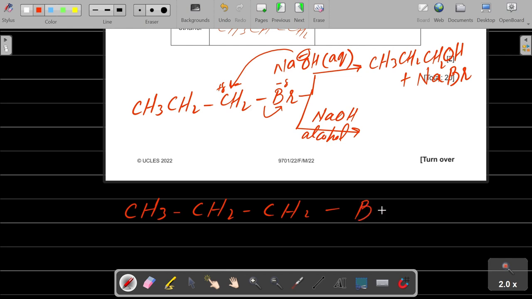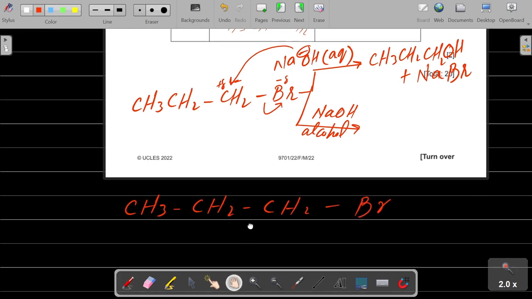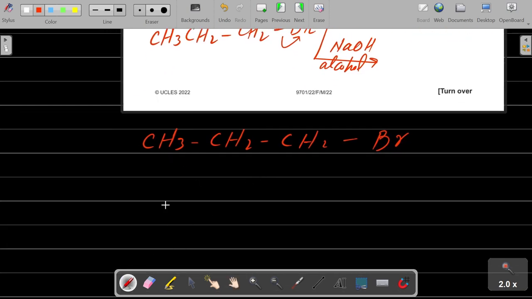So let me write it simple for you guys. For example, I have this CH3, then I will have this CH2, and then I will write this CH2 and I'm writing Br here, doesn't matter.